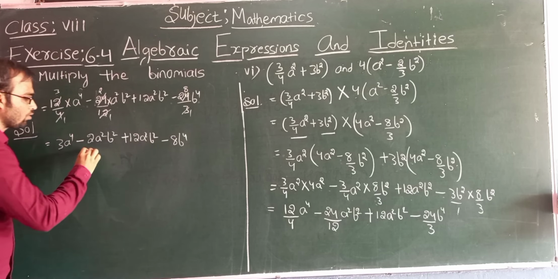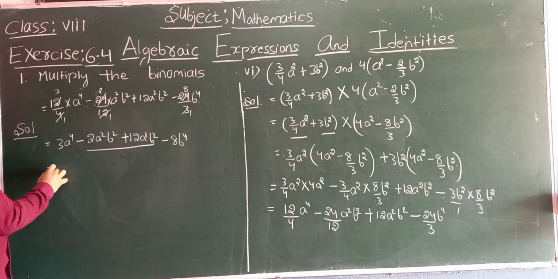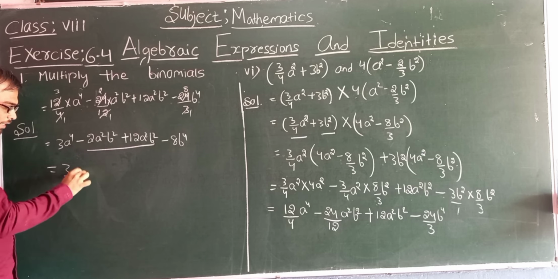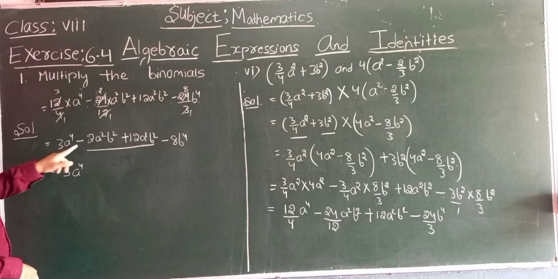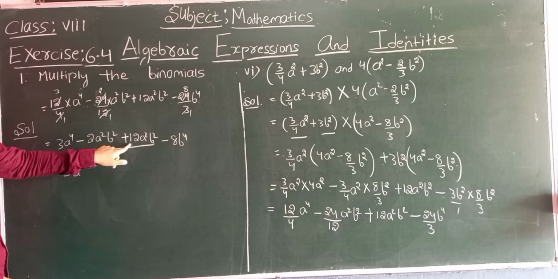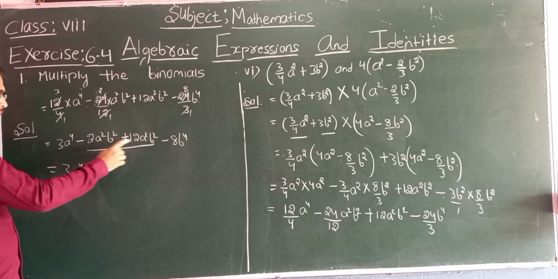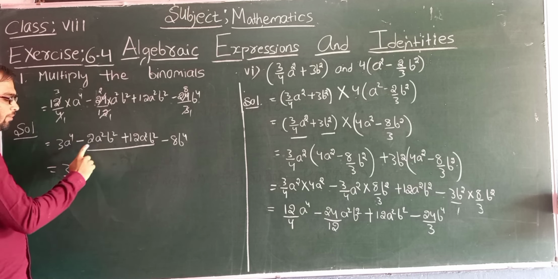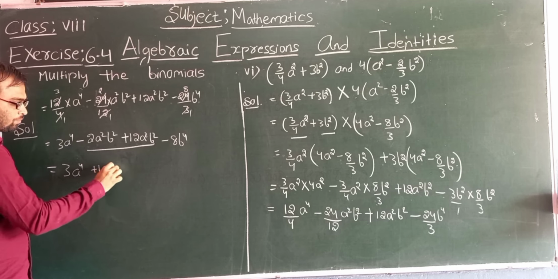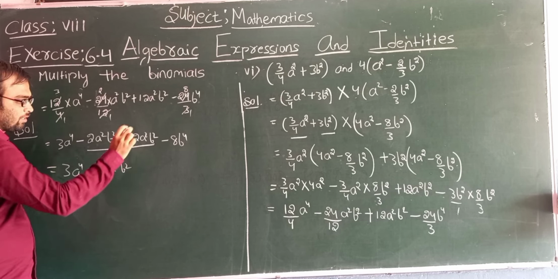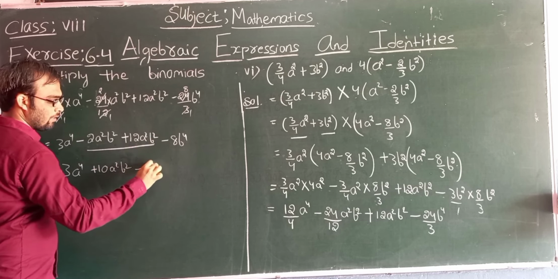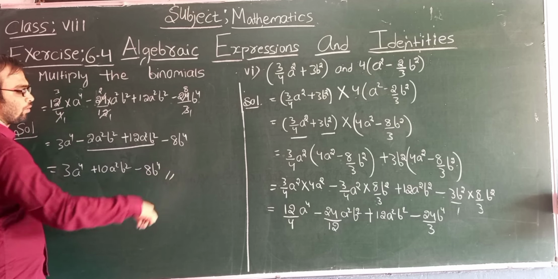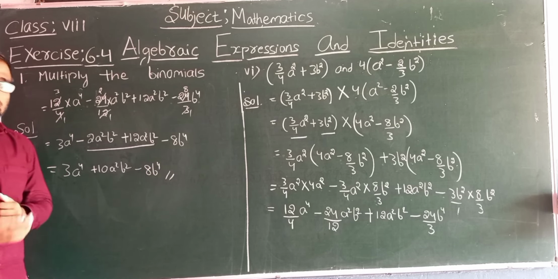Now these two are the like terms. So 3 a to the power 4 minus 2 a square b square plus 12 a square b square. Like terms are there, so 12 minus 2 will be plus 10 a square b square, and this one is minus 8 b to the power 4. So this will be the solution for the 6th problem.